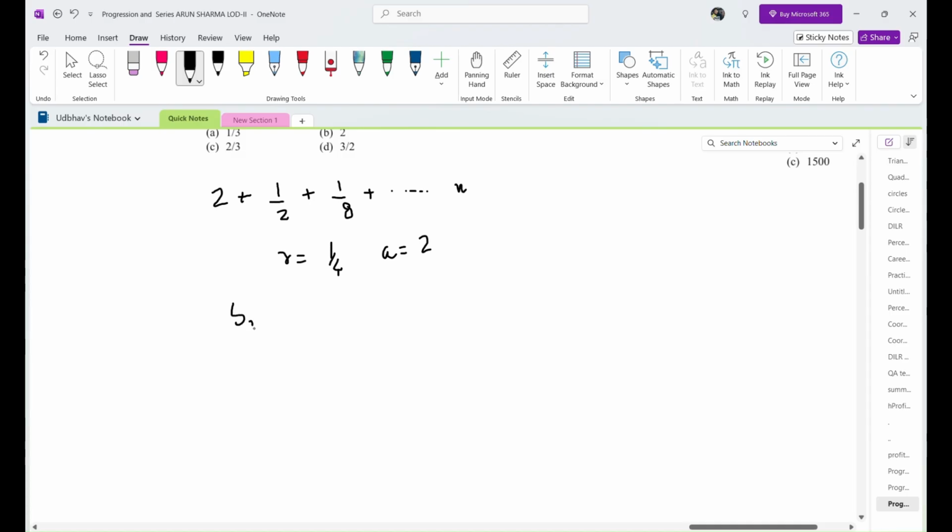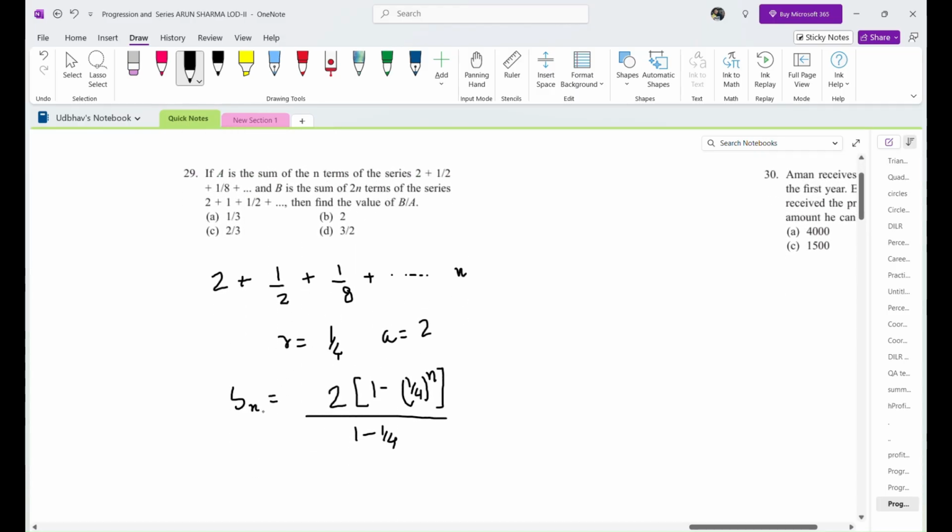So the sum of n terms will be, we can see that r is less than 1, so we will use that particular formula. The sum of n terms is a times 1 minus r raised to the power n, upon 1 minus r.